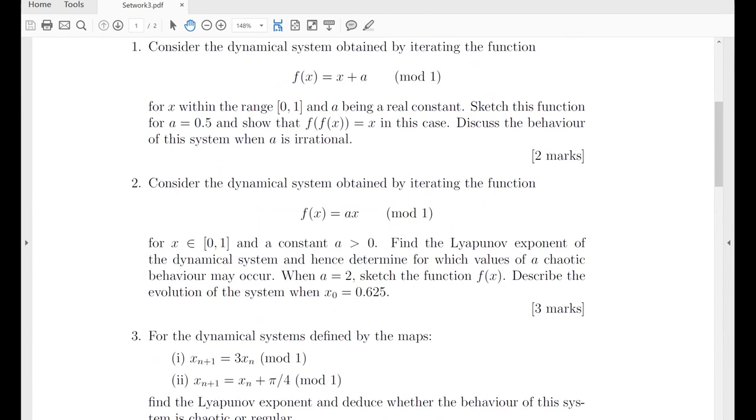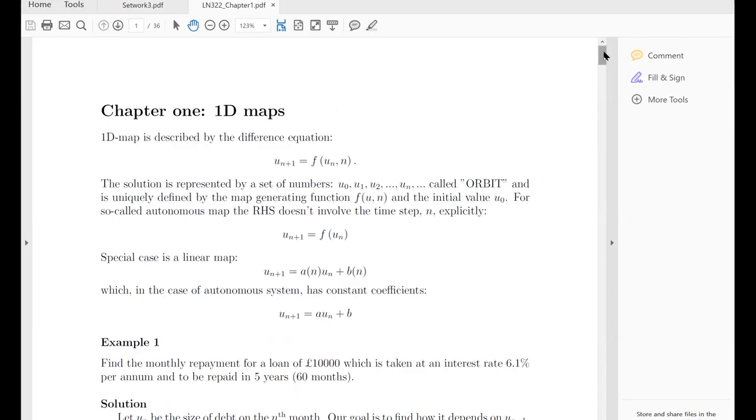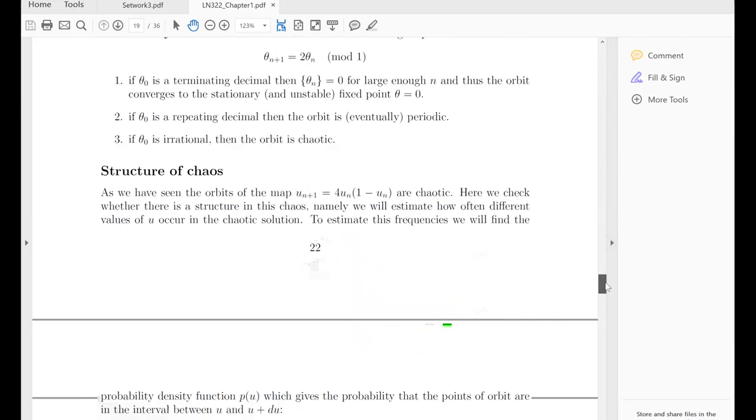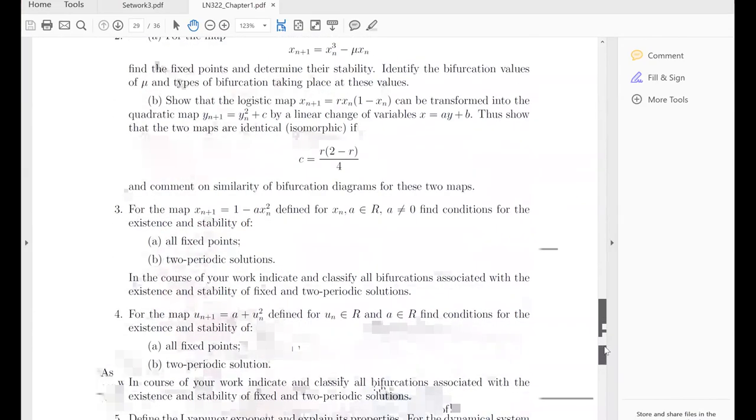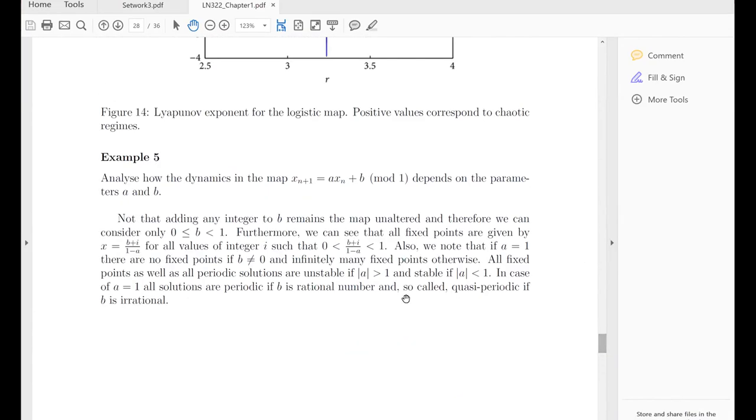So these first 3 problems are all discussed in lecture notes part 2 at the end. If I can find it. Can you see my screen? So I go to lecture notes part 2. Here, this example number 5.